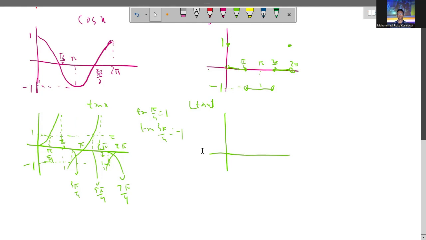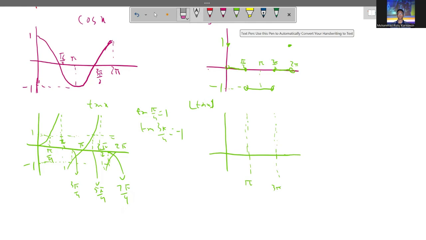So if I were to draw it, it looks something like this. We have the asymptotes at the same locations, pi over 2 and 3 pi over 2.